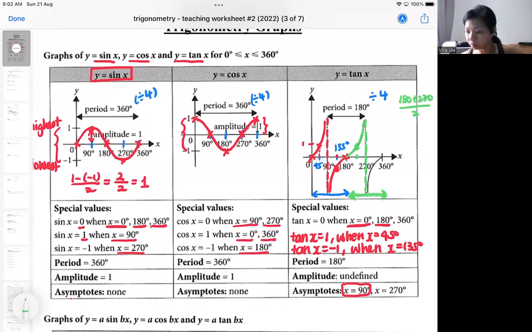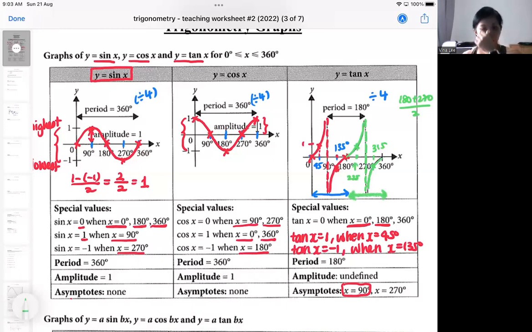So any values that you're not sure, you just punch calculator. So here there's a 225. So another one here, this is a 315. It will correspond to a -1.